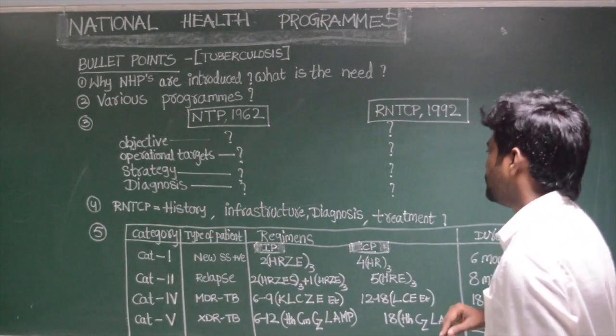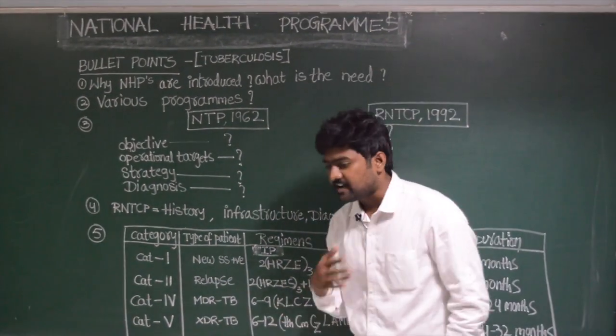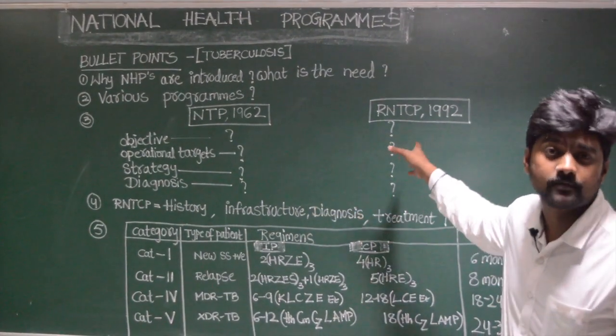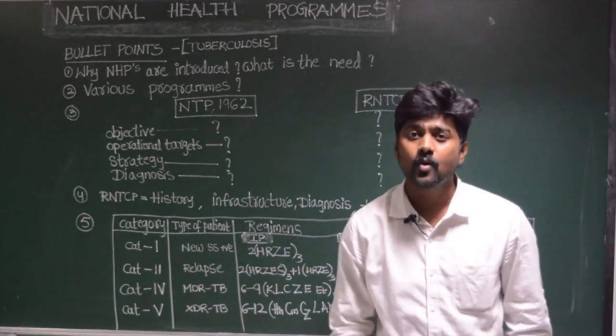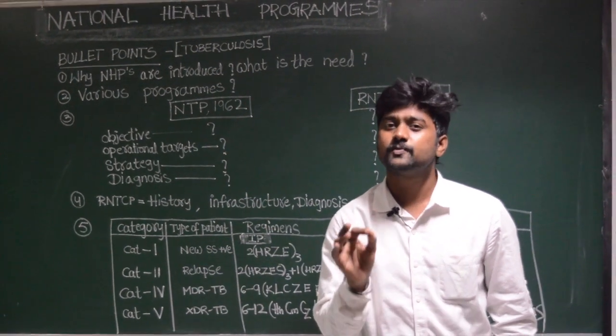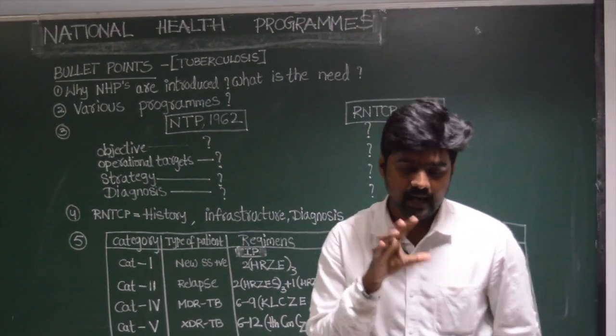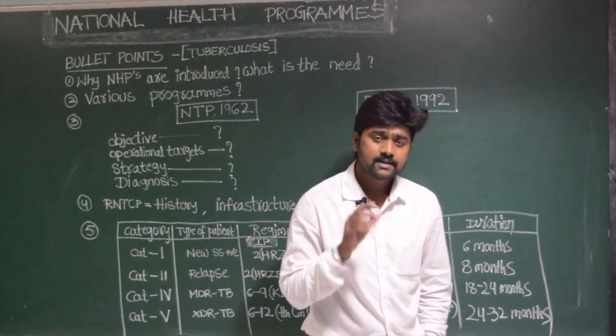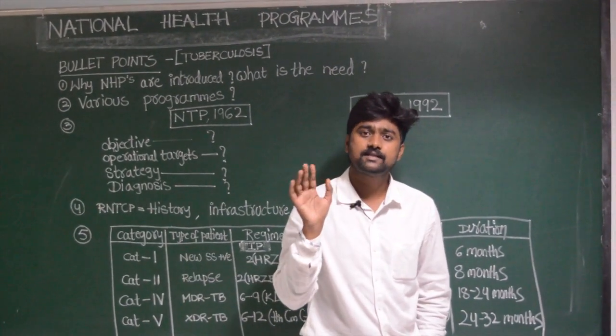Okay, now diagnosis. How has the diagnosis been going on? I already told you the major part of diagnosis in the case of RNTCP: sputum smear microscopy. How is this diagnosis carried out? You have to think of the Ziehl-Neelsen staining technique.